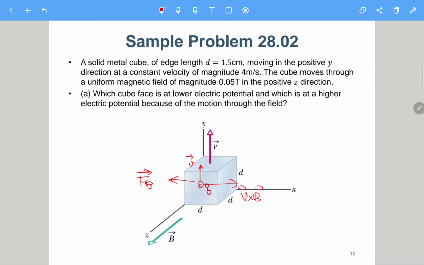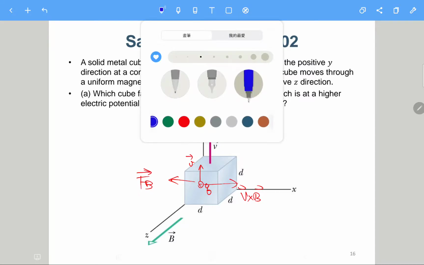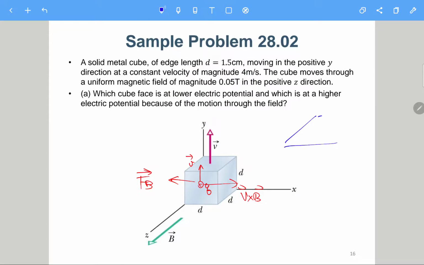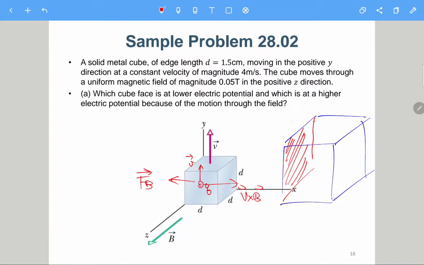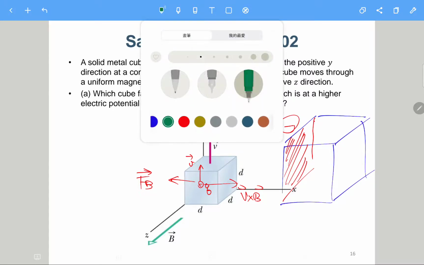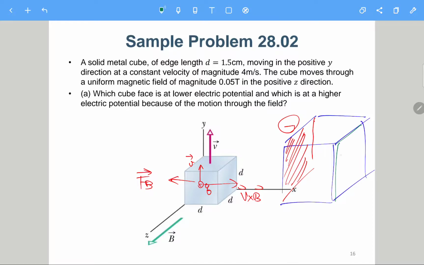So in this case, for this cube, the negative charge will accumulate on the left surface. This is negative. And for this side, it will be positive.